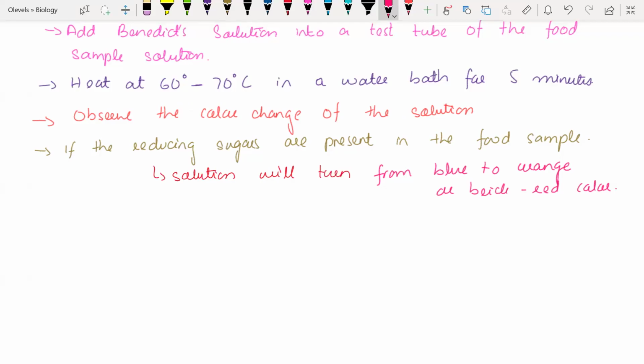So the color change for reducing sugars is from blue to orange or brick red color. So that indicates the presence of reducing sugar in the food sample.